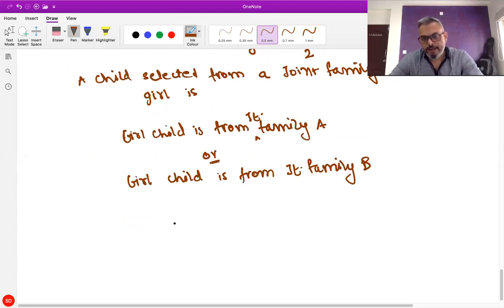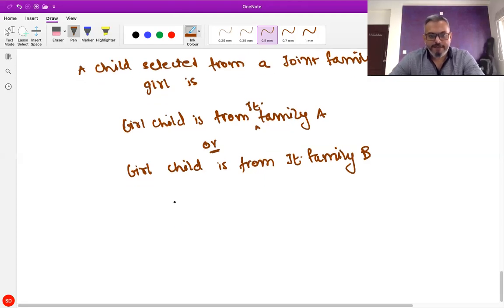Now, what is the probability of first selecting family A?